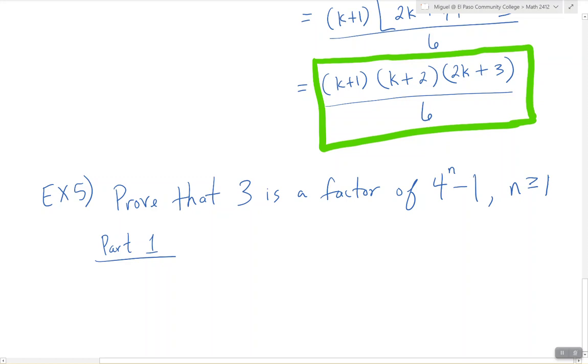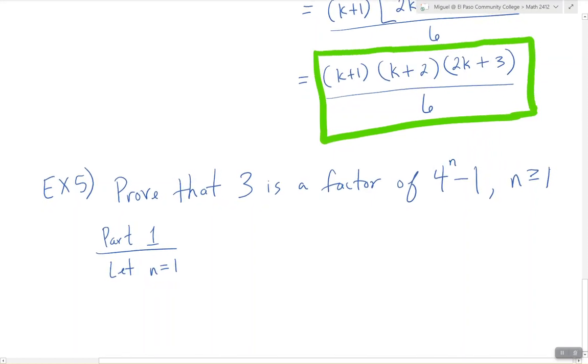For n equals 1, we would have 4 to the 1 minus 1, which would be 4 minus 1, which is 3. This is true, right? Because 3 is a factor of 3.